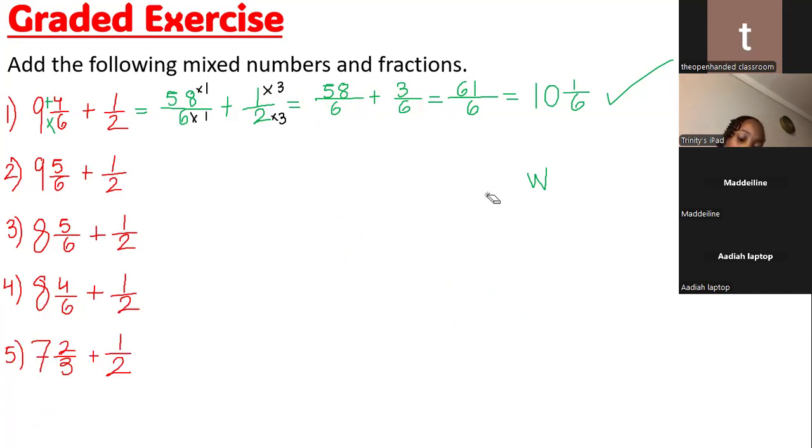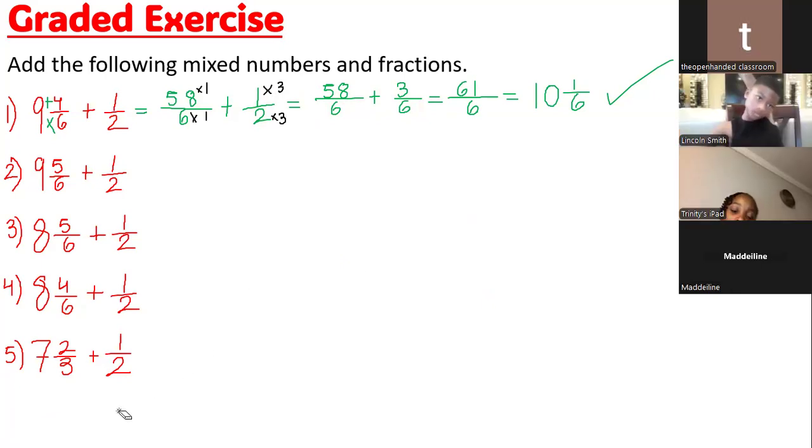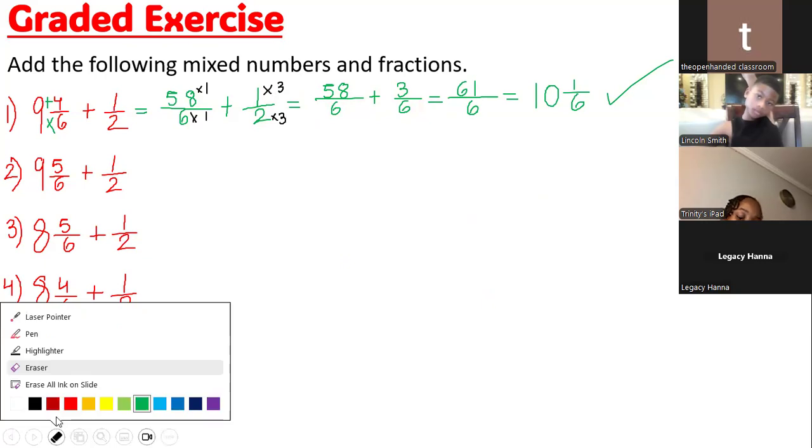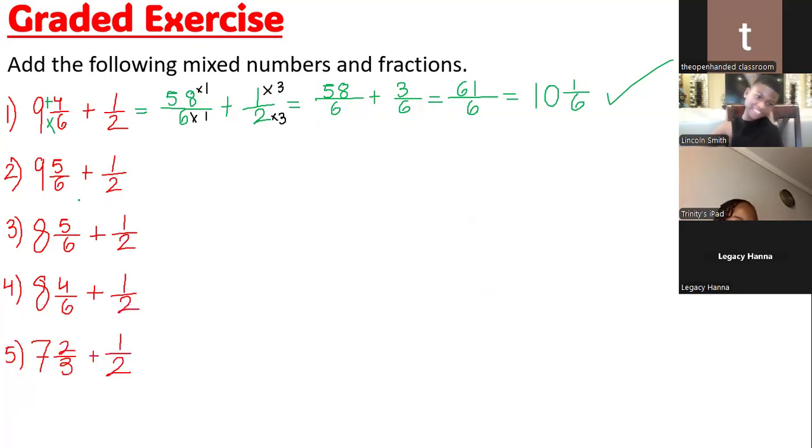Any volunteers for number 2? Me. Can I do it? Go ahead, Lincoln. Okay. So we have 9 and 5 over 6 plus 1 over 2. We're going to change the 9 and 5 over 6 into an improper fraction.